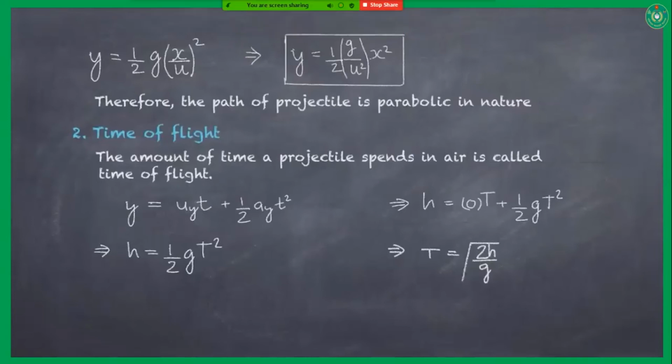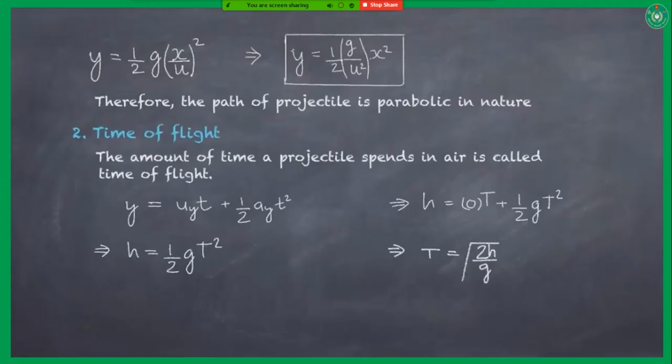For this, y is equal to ut plus half at square, where the first term is v naught sine 0 times t, that is 0. This small t is replaced here by capital T because it is related to time of flight, and this is half gt square.